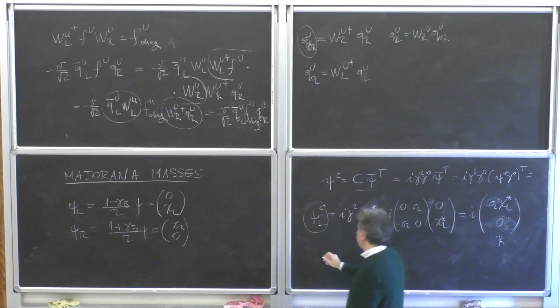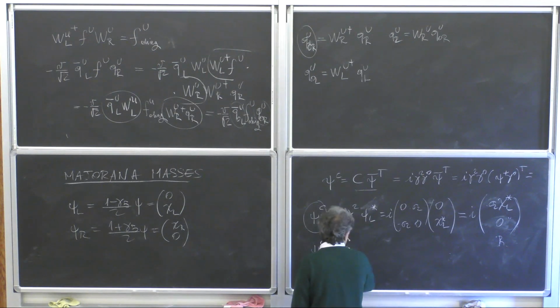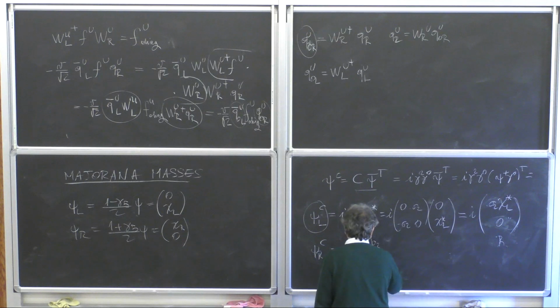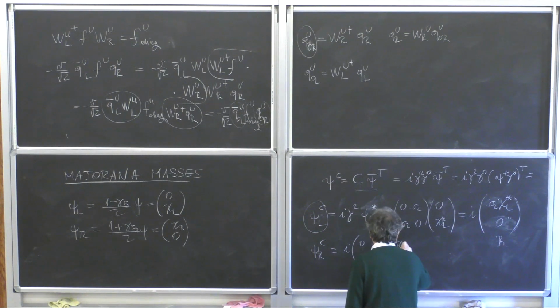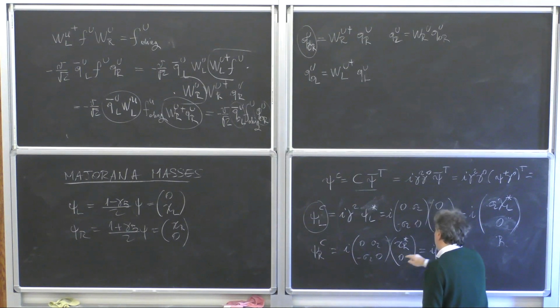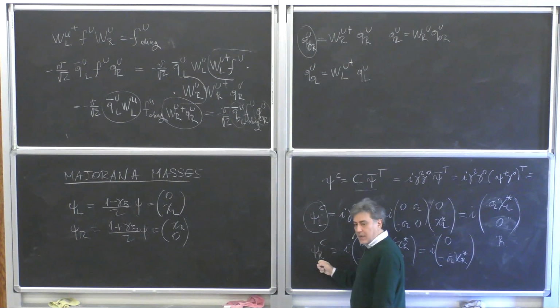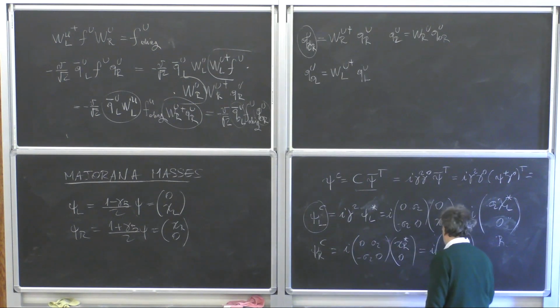And if I take the right part, i times the matrix 0, sigma 2, minus sigma 2, 0 acting on chi R star, 0, I get 0 up and minus sigma 2 chi R star. So the complex conjugate of a right spinor is left.